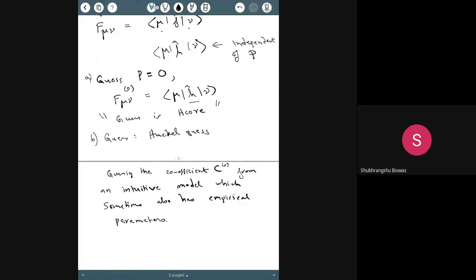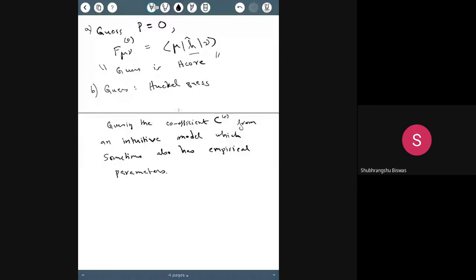Okay. So there are sometimes some empirical parameters in this model as well. I will not go into great detail of this model, but this is implemented in almost all packages, and it is the most effective guess to start with, which is called the Huckel guess. Okay, so you guess some sort of coefficient C from this intuitive model. You construct then P0 from the C zeros, and you continue.